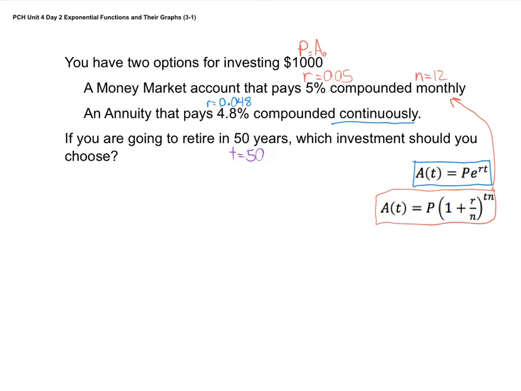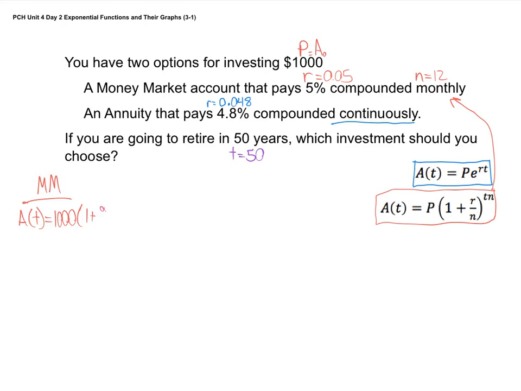So let's take a quick look at how we would calculate these. First of all, with the money market account, we'll call that M&M. So we set up our formula. The amount at time t is our starting amount times 1 plus, now we need to convert our rate to a monthly rate.